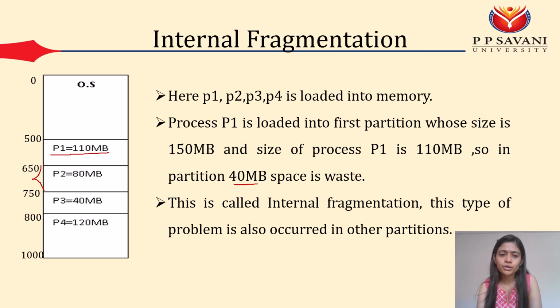Similarly, the size of this partition is 200 and the size of the process is 120, so 80 MB is internal fragmentation, that memory is going to be unutilized for that partition. So this is called internal fragmentation, and it is only present in the fixed partitioning technique of contiguous memory allocation.